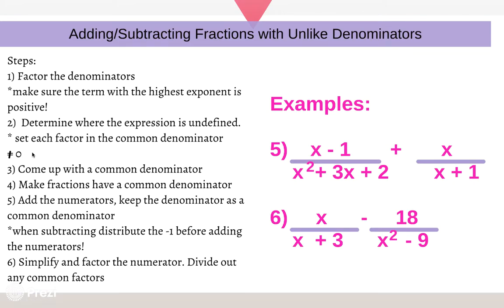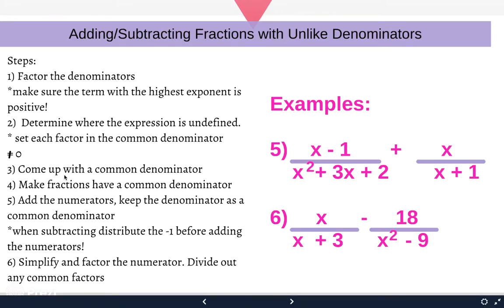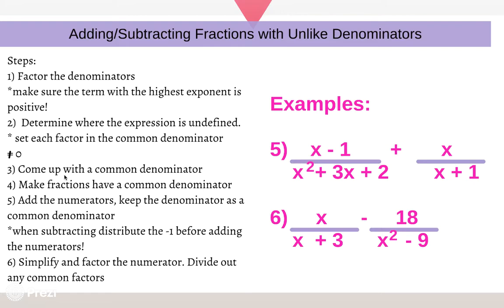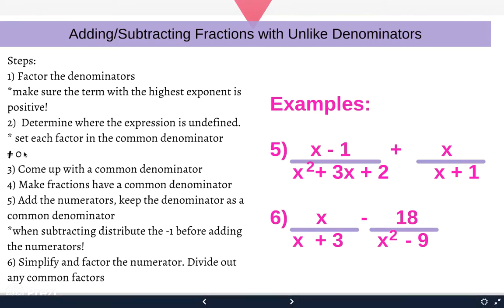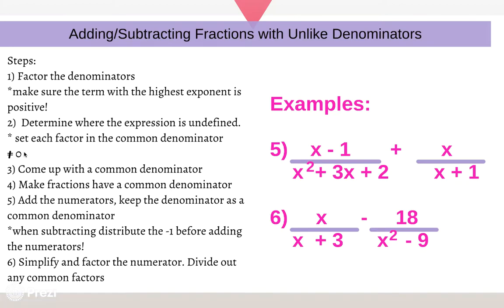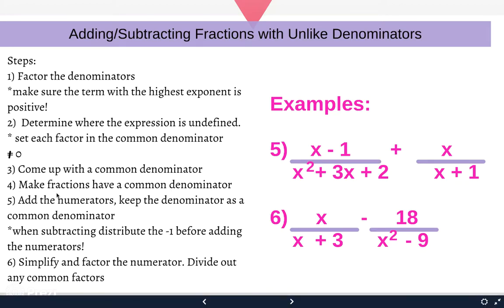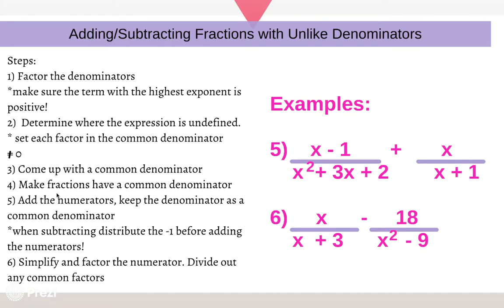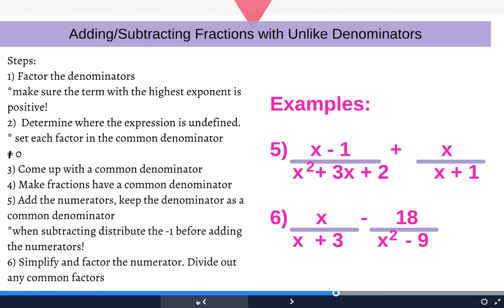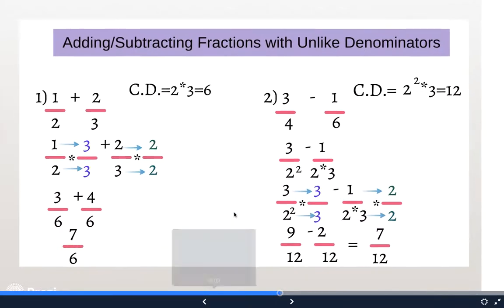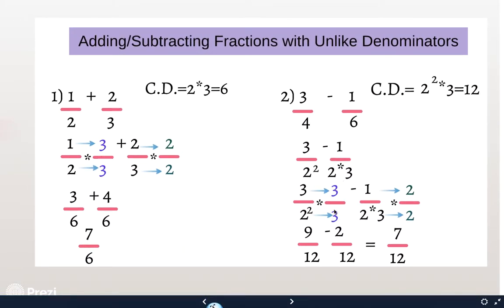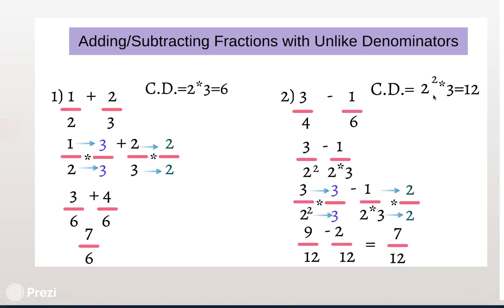Okay, what we're going to do is come up with a common denominator, and then we're going to be setting the factors not equal to 0. And after we do that, we will force the fractions to have a common denominator whether or not they want to. Just like over here, we had to make them have a common denominator, so we multiplied our denominators by the piece of the common denominator that it still needed.